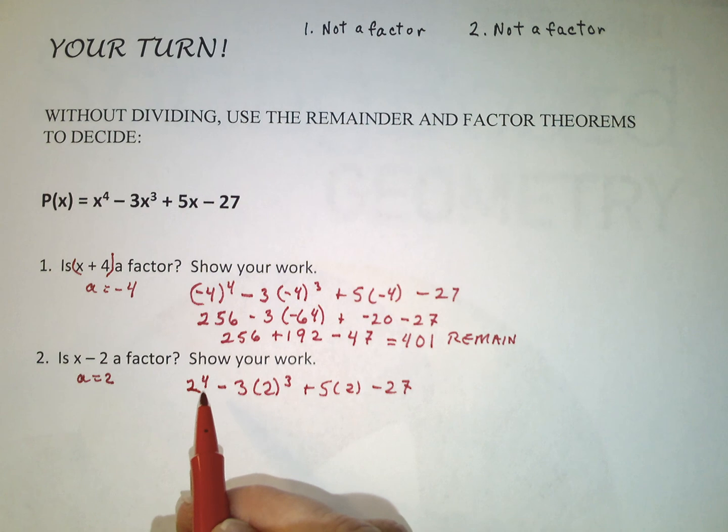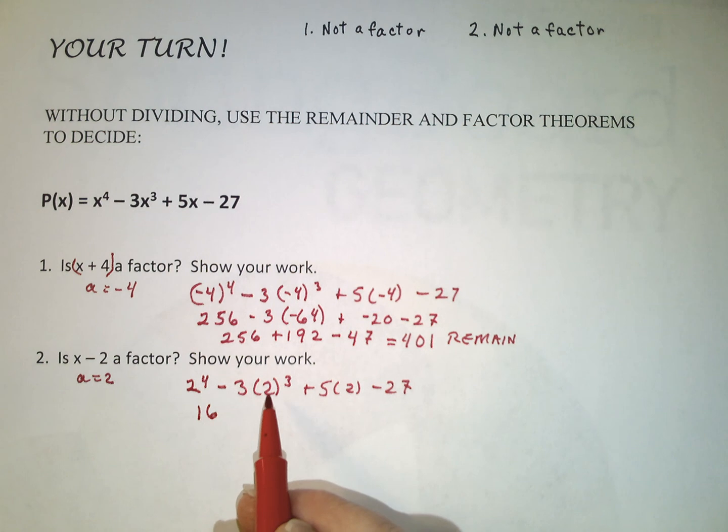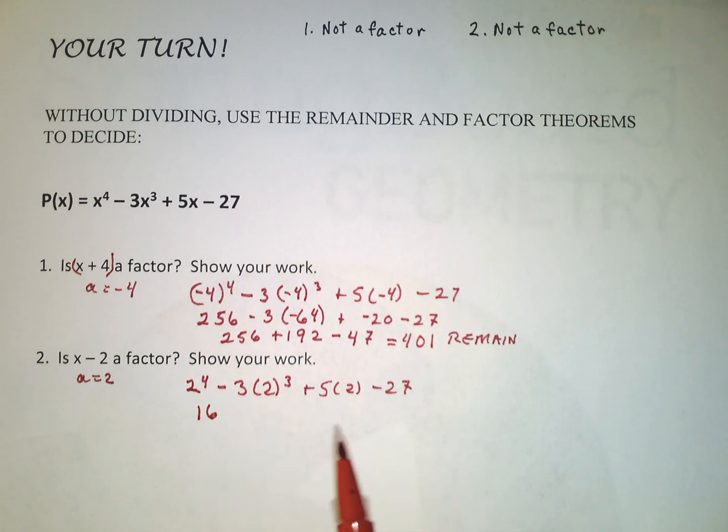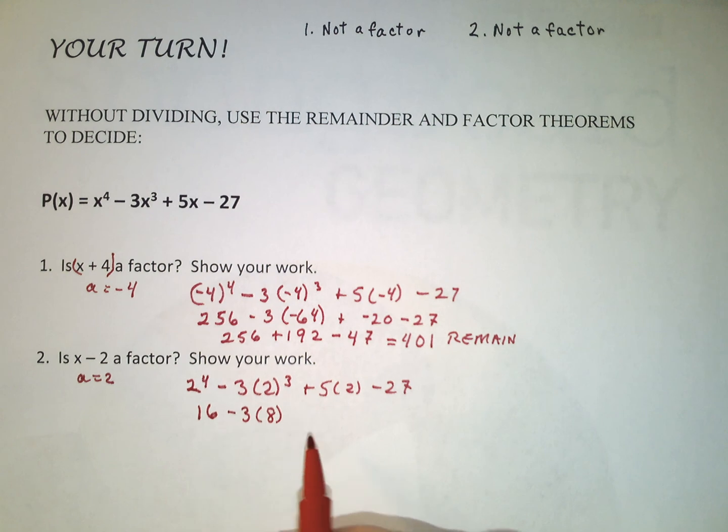Well, 2 times 2 is 4, times another 2 is 8, times another 2 is 16. 2 times 2 times 2 is 8. So we'd have negative 3 times 8. And 5 times 2 minus 27.